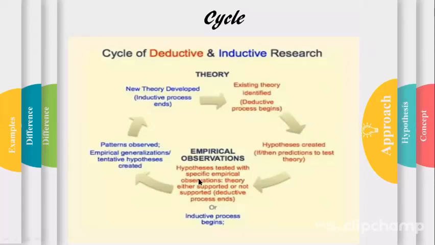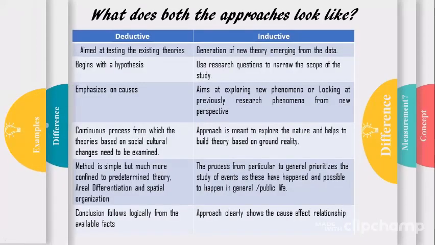These empirical observations then become the start of the inductive process. It is observed, and based upon the observations, a hypothesis is made, and based upon that, the theory is derived.